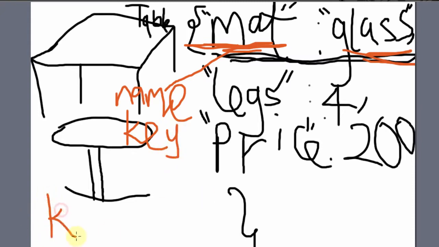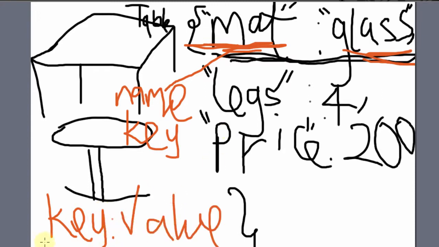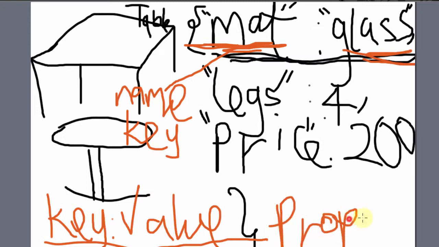Now the key value pairs will refer to the key and the value, and the full thing will be the property. So this is thinking in terms of an object. So an object has properties, and the properties have the name or the key and the value of that property.